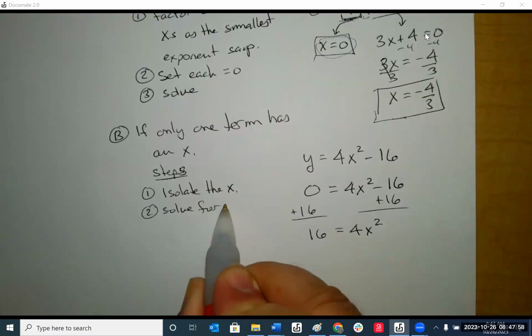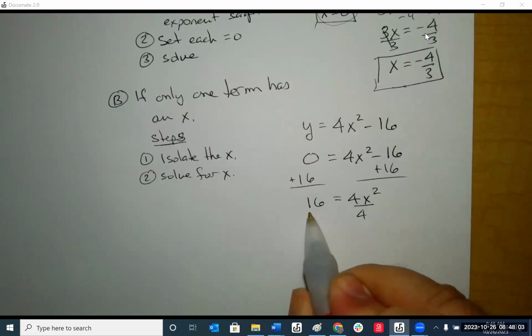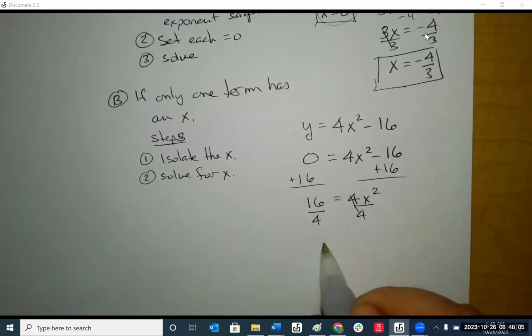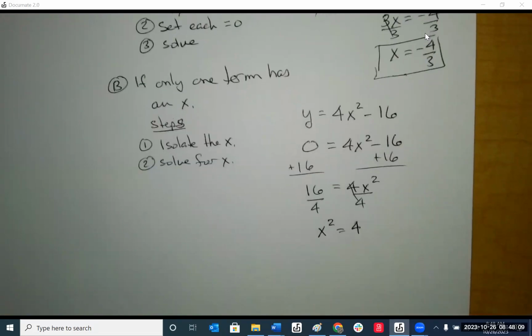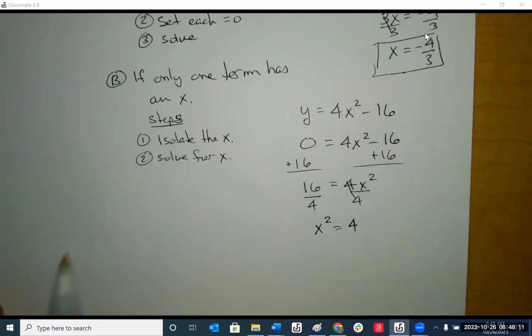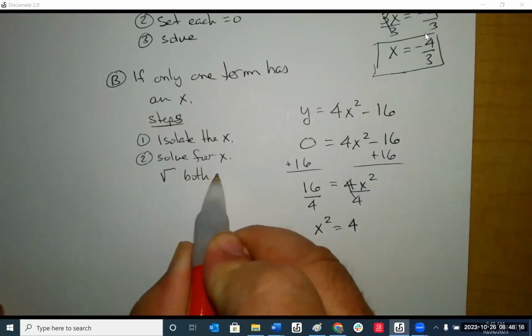And then solve for x. Divide both sides by 4. So x squared, 16 divided by 4 is 4. Square root both sides.